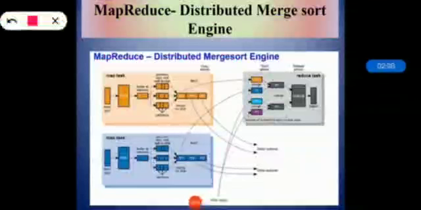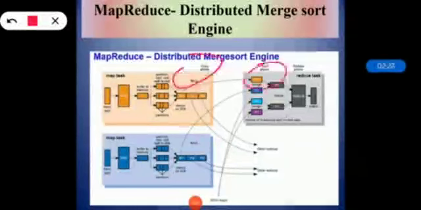Then comes the map reduce distributed merge sort engine, in which the copy phase, sort phase, and reduce phase are all used. In the copy phase we are doing partitioning, sorting and spilling to the disk, where partitioning is the main step.